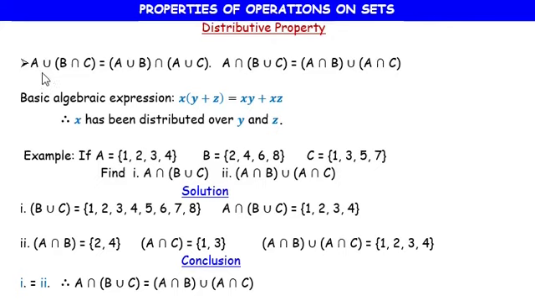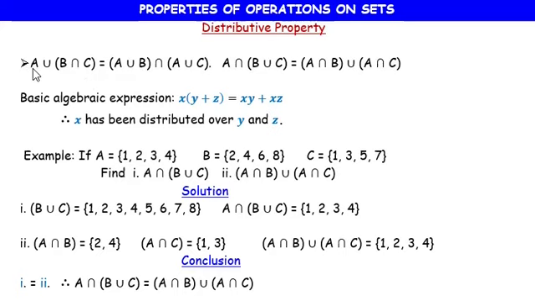So in distributing A over B and C, we are going to use the operation that is separating the A from the bracket to pair the two elements in the set with set A. So we are going to arrive at A union B and then A union C, and then the operation that was separating the elements in the bracket, B and C, is what we are going to use to separate the two pairs.